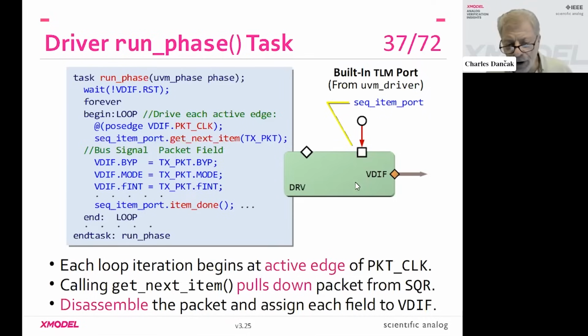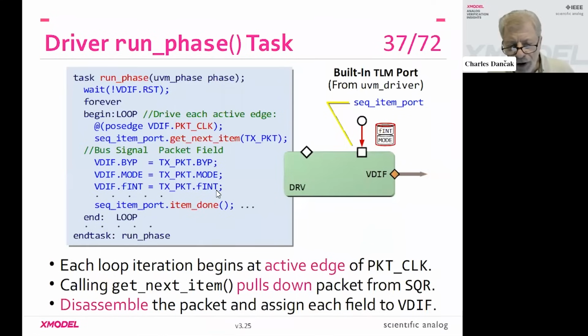So another example of the built-in functionality that we inherit from base classes. And so get next item will pull down the next packet from the sequencer, and then we can disassemble the packet and send values like the integer frequency over the interface to the DUT.